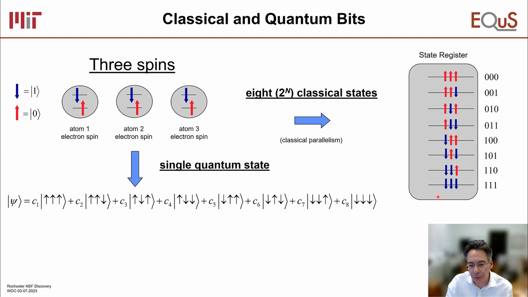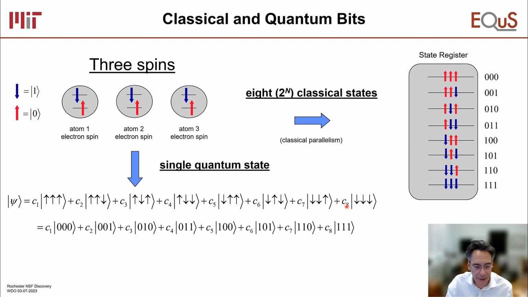Now, equivalently, we can write a single quantum mechanical state that comprises all of these aspects at the same time with weighting coefficients C1 through C8. We can look more digital by replacing spin up and spin down with the zeros and ones like this.